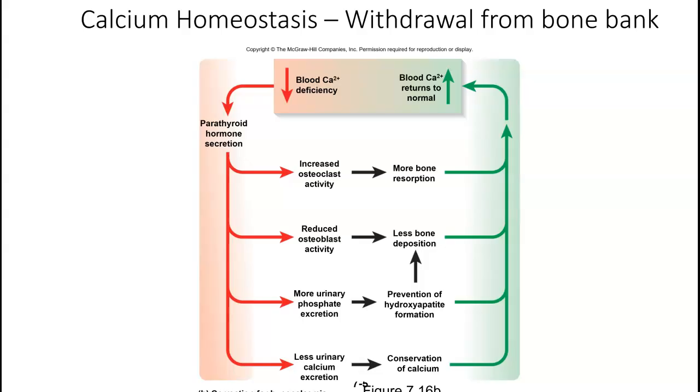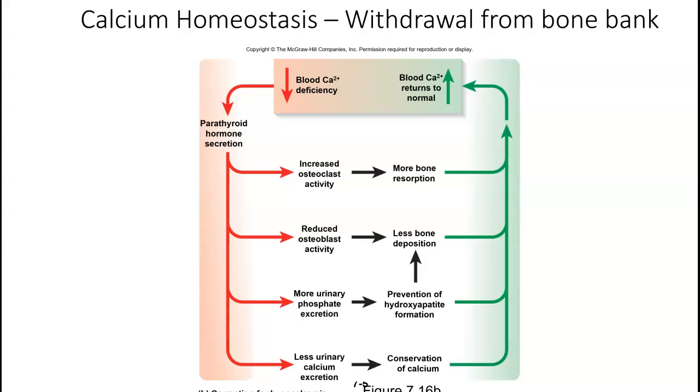The other thing that parathyroid hormone will do is that it will talk to the kidneys, tell the kidneys, okay, we want to hold on to that calcium, so don't excrete calcium. We also talked about parathyroid hormone's role in phosphate levels, and that parathyroid hormone talks to the kidneys and says, okay, excrete that phosphate, which helps to lower phosphate levels.